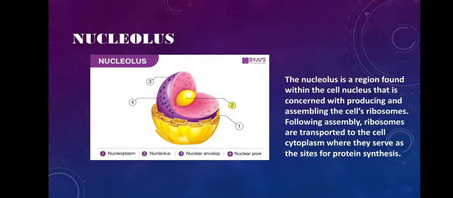This does not contain the chromosomes. What this contains is the machinery necessary to assemble the cell's ribosomal RNAs. Ribosomal RNAs then are transported through the nuclear pores into the cytoplasm where they become part of the ribosome, which is the protein machinery.